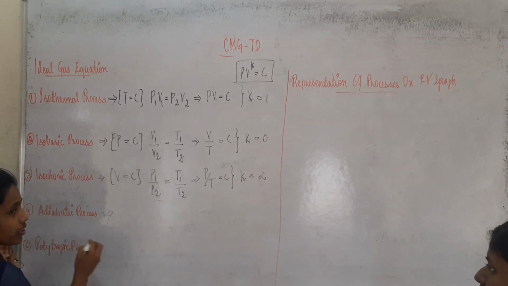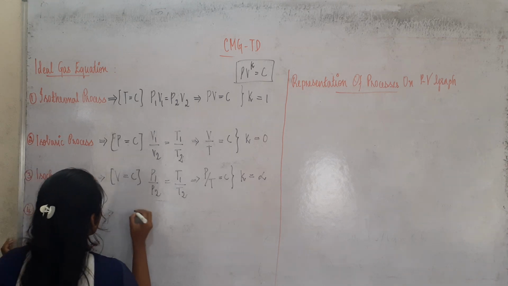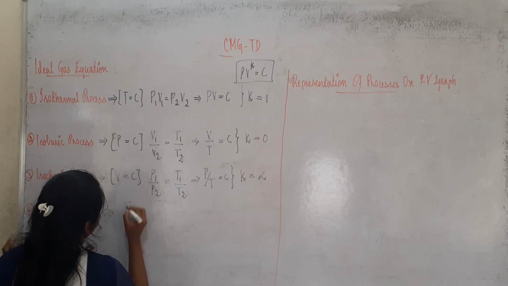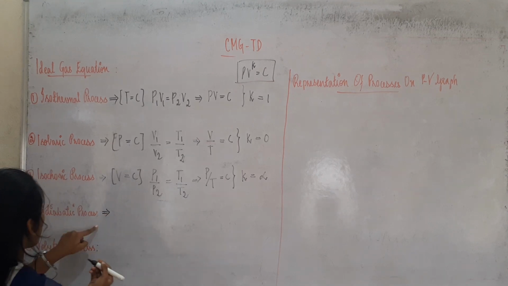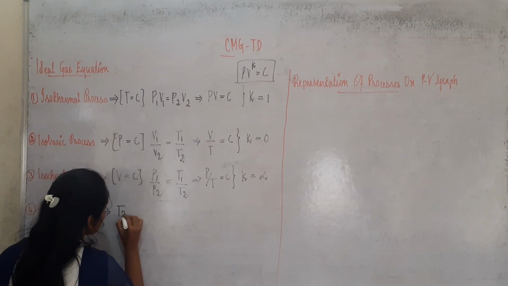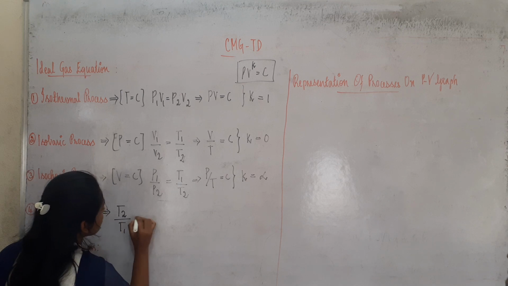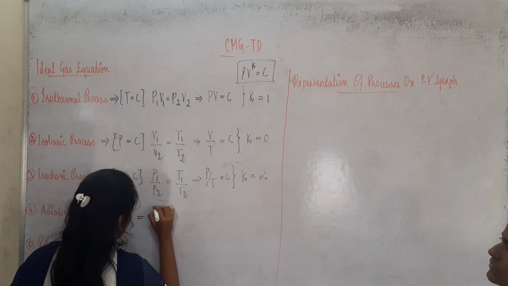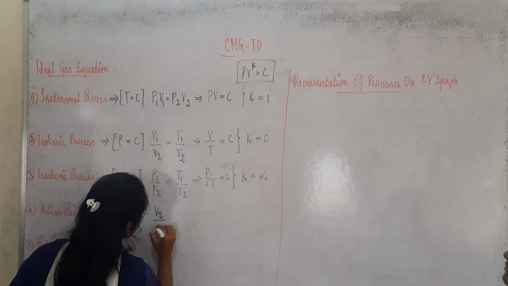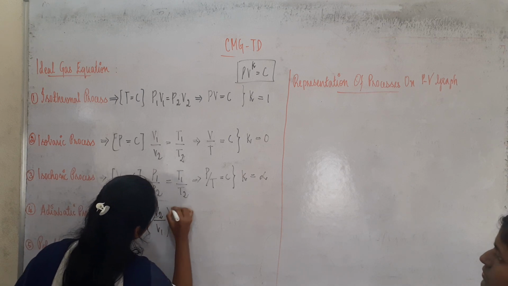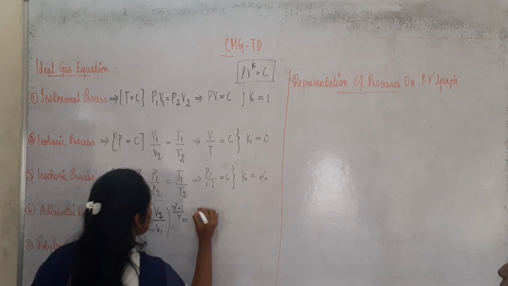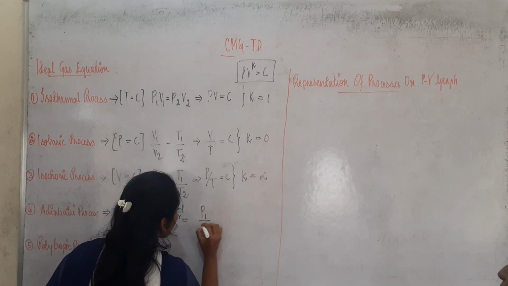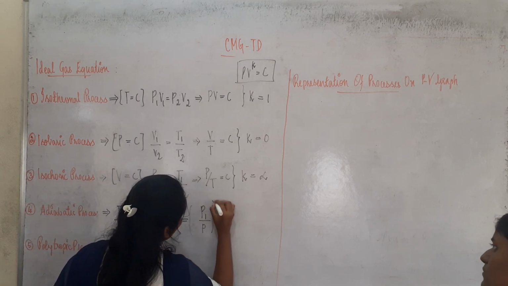For adiabatic process, T2 by T1 is equal to V2 by V1 the whole to the power of gamma minus 1 by gamma, which is equal to P1 by P2 to the power of gamma minus 1.